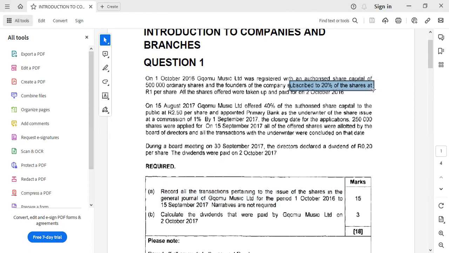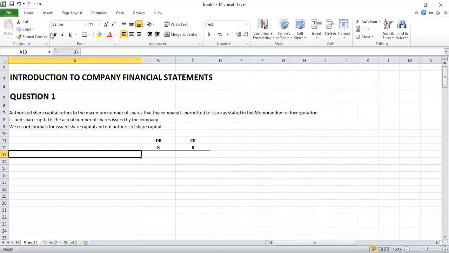All the shares offered were taken up and paid for on 2 October 2016. So we have to make a record on 2 October 2016 when these subscribers paid. Right. So we have to do a calculation.